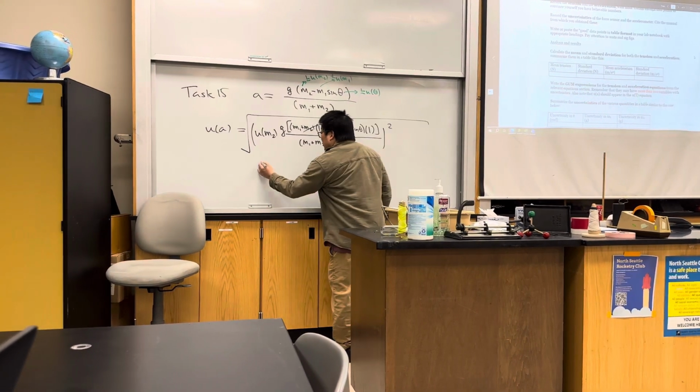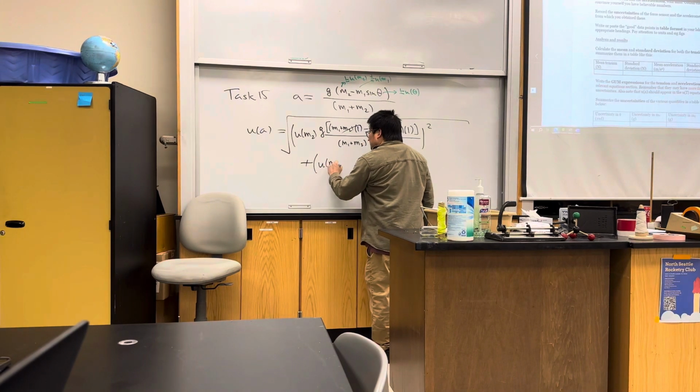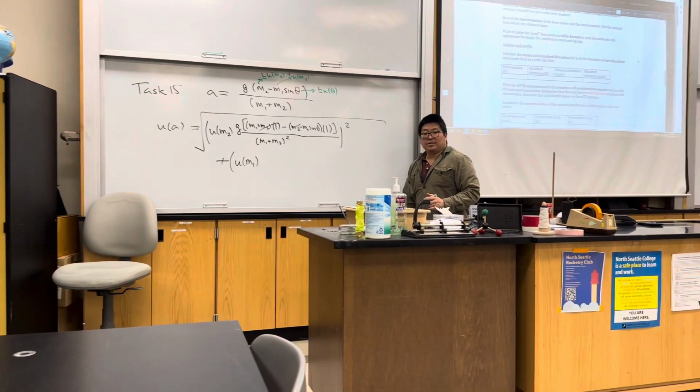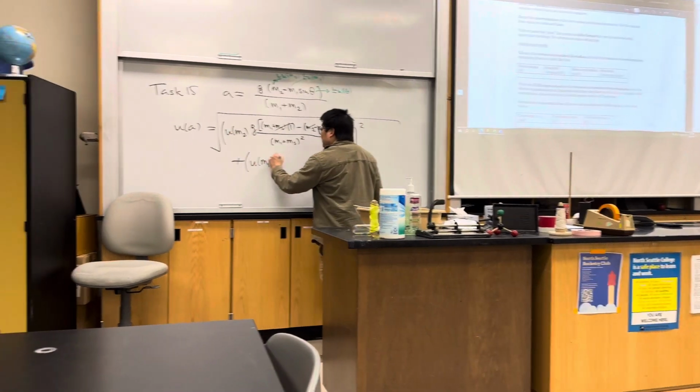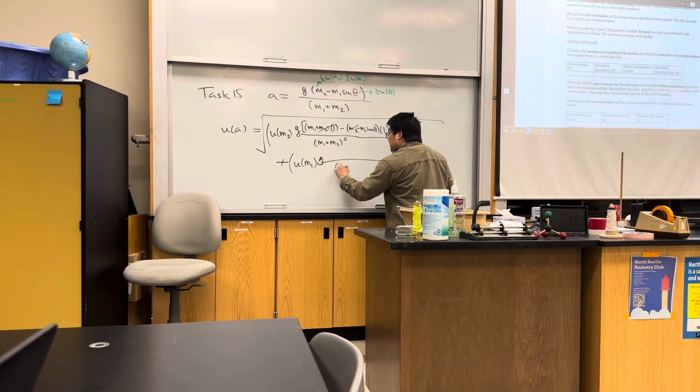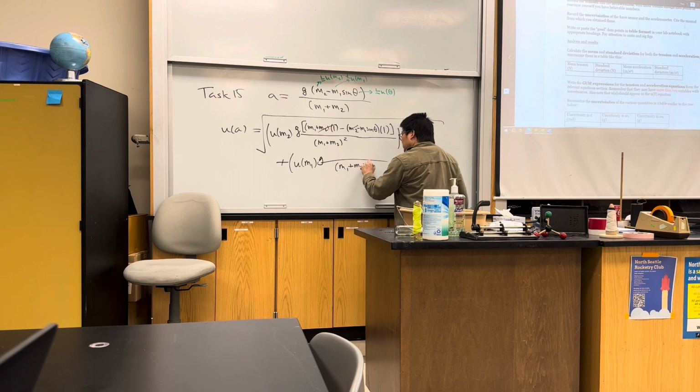How different is the u m1 expression going to look? A little different, but not a lot. I'm still going to have a g that I can pull out, and m1 plus m2 squared on the bottom.